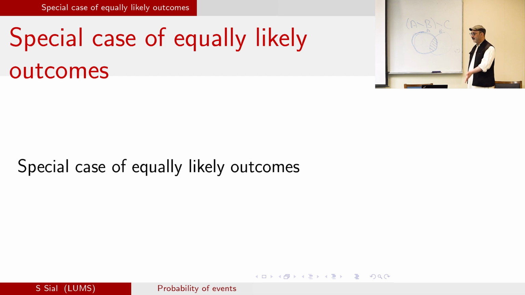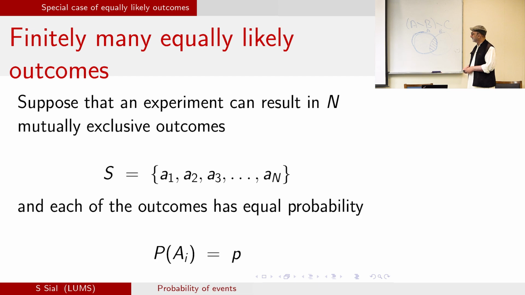So a fair die, every possible result of the roll is equally likely. A fair deck, nobody's cheating. Each card is equally likely to be drawn from a well-shuffled deck. Okay? So those are the sort of things that we're talking about. So let's say that there are n distinct outcomes. I have an experiment.